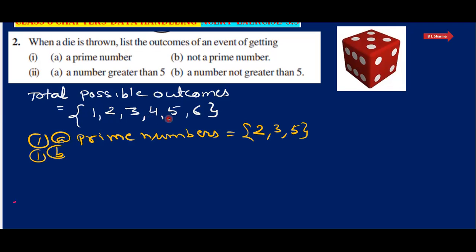And the B part of it, not a prime number. Means here we can write not a prime number. जो prime number नहीं है.